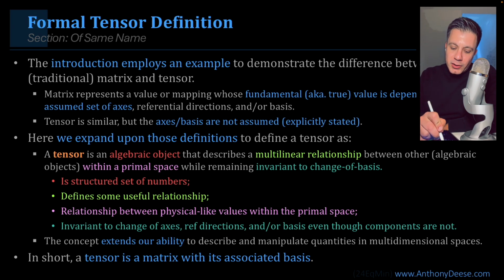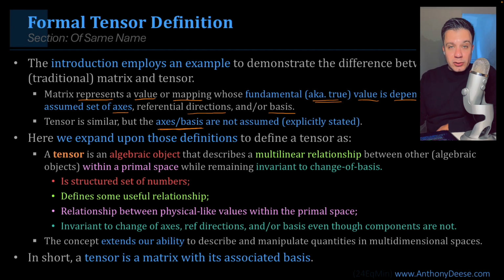We know that a matrix represents a value or a mapping whose fundamental, most true value is dependent on some assumed set of axes, referential directions, and/or basis. The tensor is similar, but the axes, the basis, the referential directions are not assumed, and they're explicitly stated within its definition.